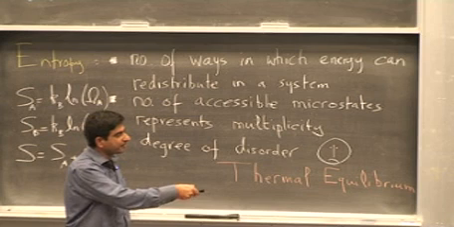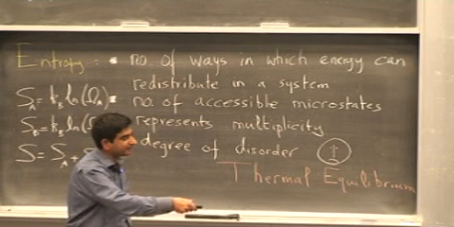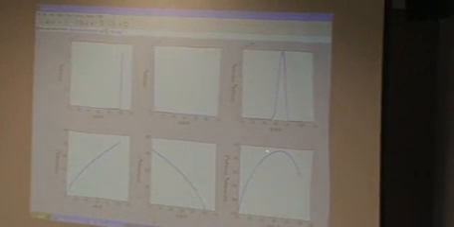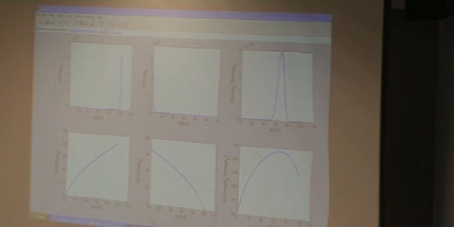So you're starting off from somewhere here. It's a low entropy state overall. But then as you slowly move towards equilibrium, you stop here. At this point equilibrium has been established. And how do you know equilibrium has been established? Because the entropy is maximized.